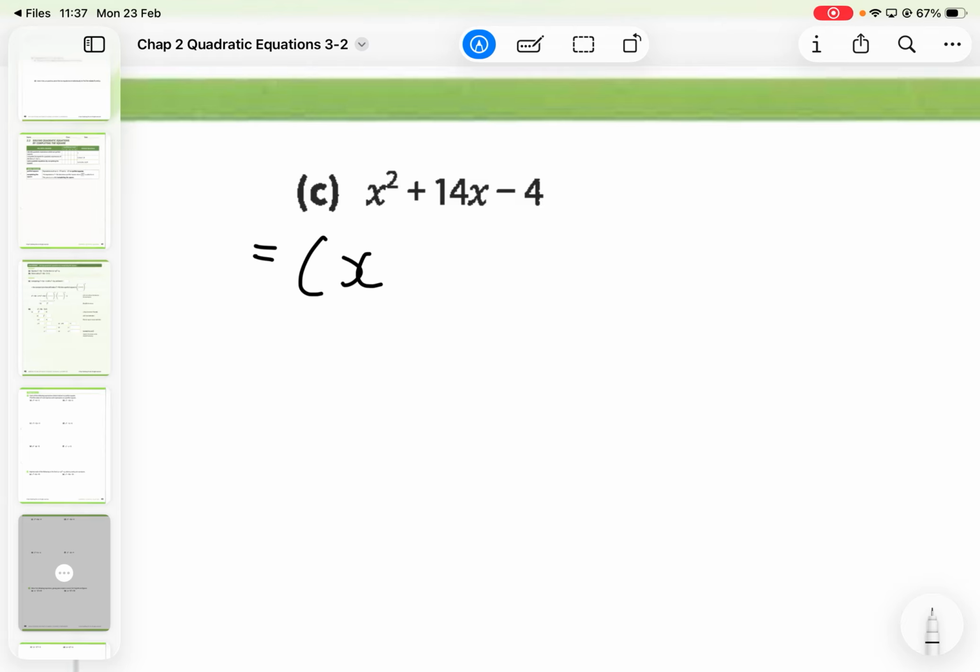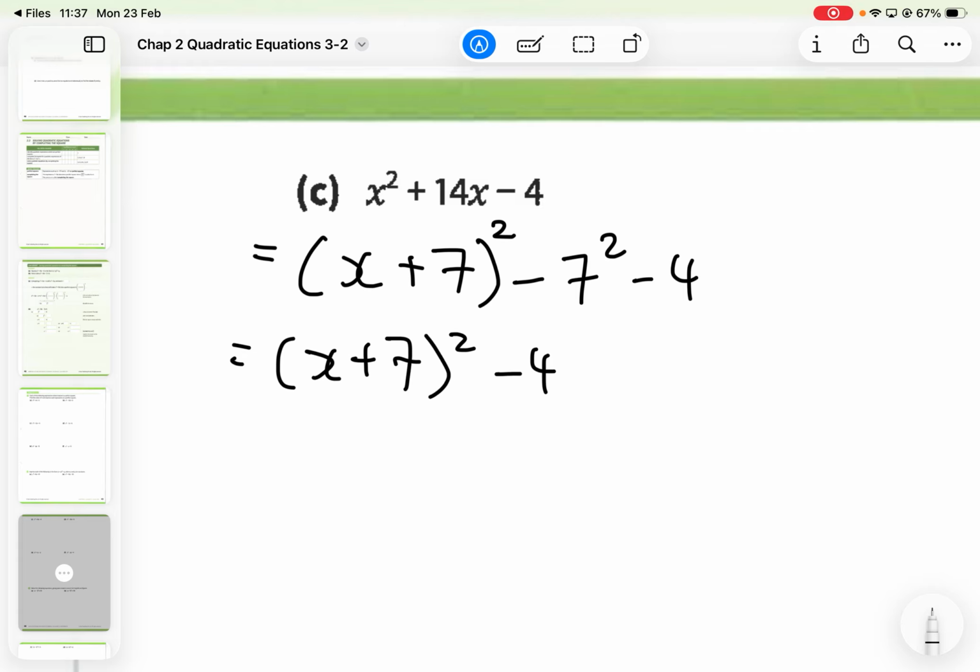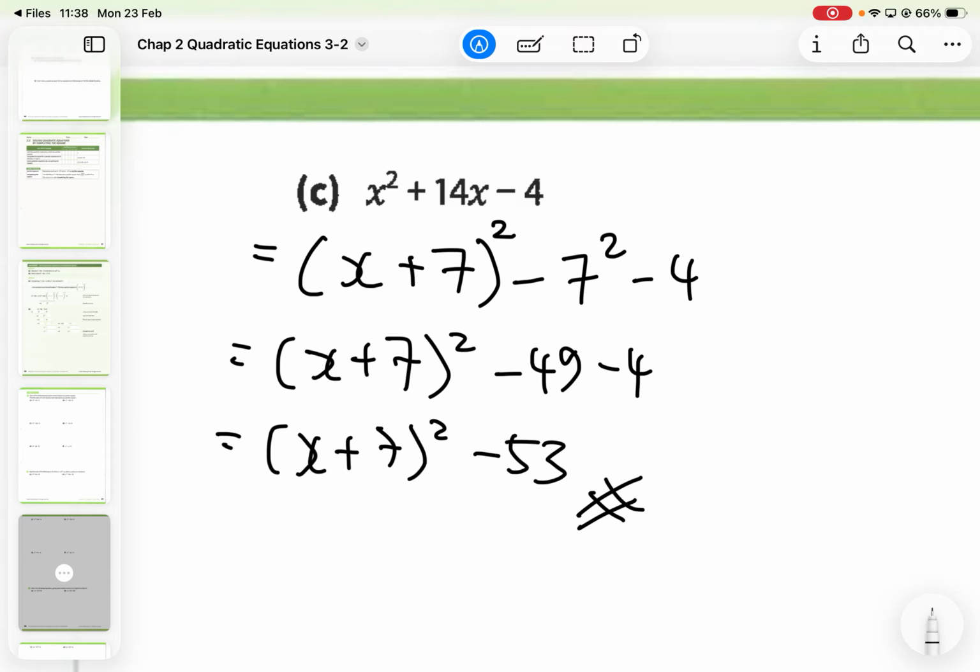Then, if I only know factorization, I will go and bring this to the left, go and expand, then try to factorize. But now, I know that my x is inside the bracket. I can use the other way to solve. I get rid of the square first. To get rid of the square, I straight away square root. When I square root the left, the square disappears. Then when I square root, I must square root the right side also. Then when I square root, I must add the plus and the minus. So there are 2 possible answers.